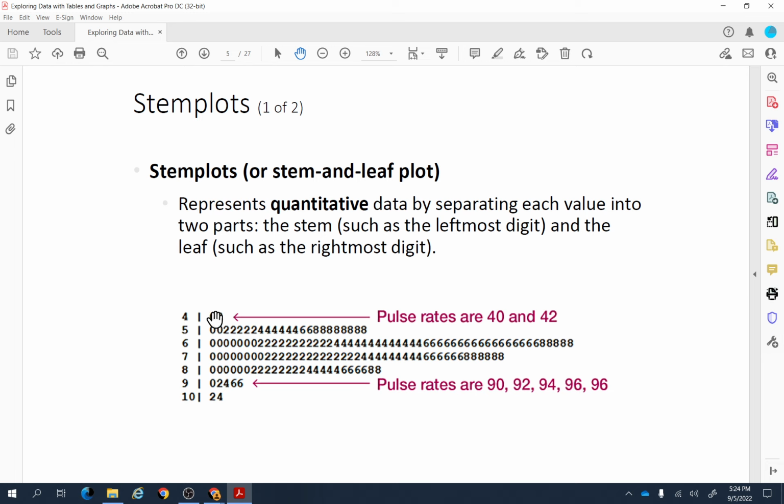So this data is actually 40, 40, 42, 42, 50, 50, 50, 50, 52, 52, 52, 52, and keep repeating like that. So this stem plot represents quantitative, which is number data, by separating its value into two parts, the stem and the leaf.